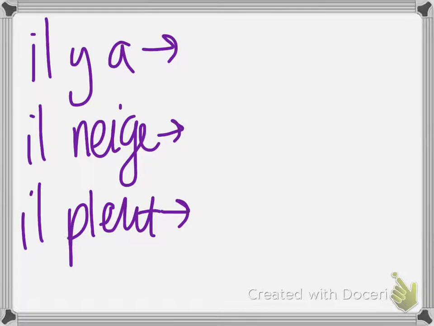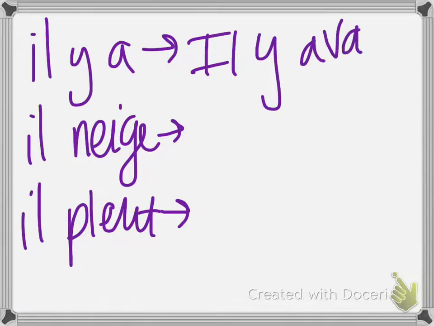Let's just talk real fast about a few common expressions that you're going to have. Il y a, which means there is, turns into il y avait, because we changed the avoir to the imparfait.